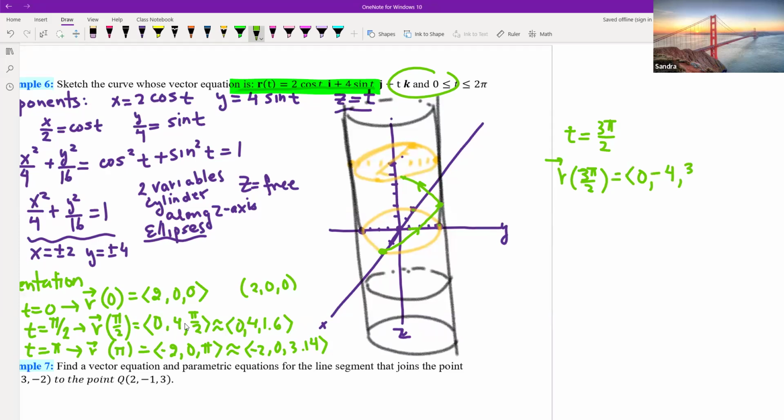And then this will be 3 pi over 2. Let's convert 3 pi over 2 into a decimal, about 4.7. So then that will give me 0. Y is -4, so it's here, then 4.7, like about here.